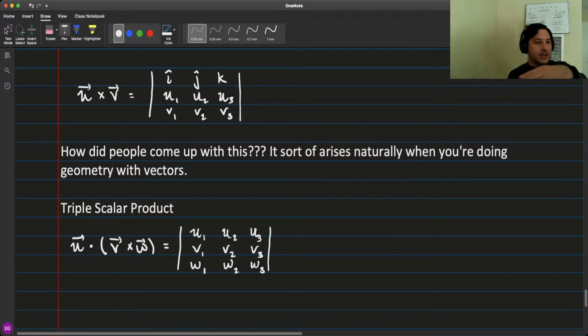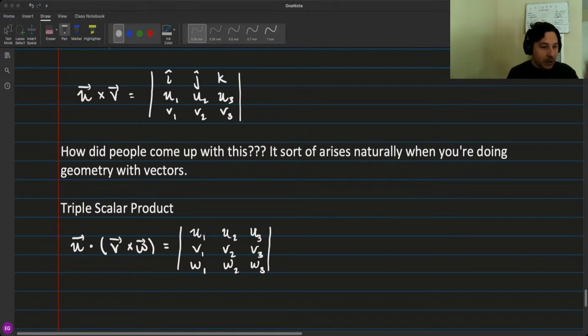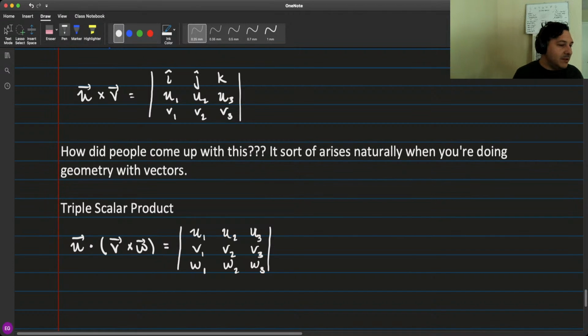So if you make a matrix by taking those vectors and entering them as rows, and then take the determinant of that, you would get the same thing as u dotted with v cross w, which is sort of surprising. And then you might be wondering, okay, cool, why do you care about that?